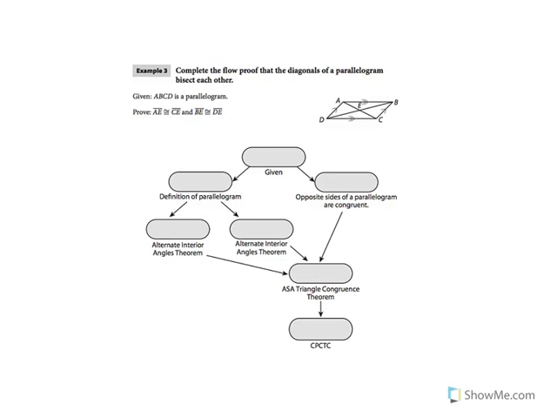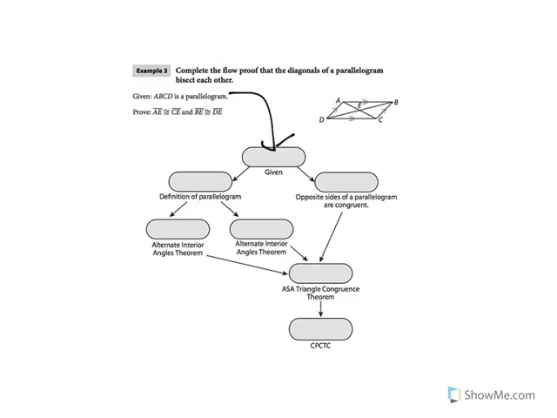Okay, so let's go through our flowchart proof. Example 3, complete the flowchart. Prove the diagonals of a parallelogram bisect each other. So the given is always from what is here, right?